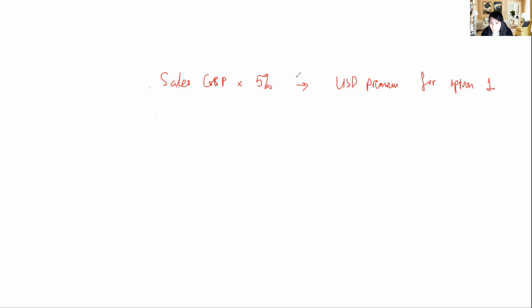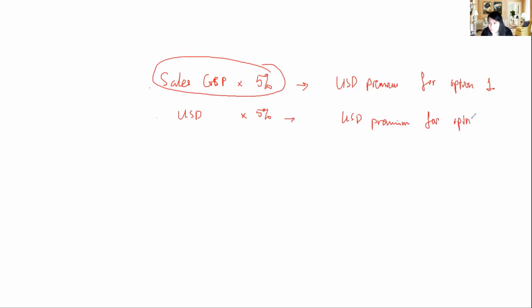And then once I obtain the USD from the first step, I'm going to convert the USD into the Australian dollars. Let's say it's 5%. Then I've got the USD premium here. This is my second option.